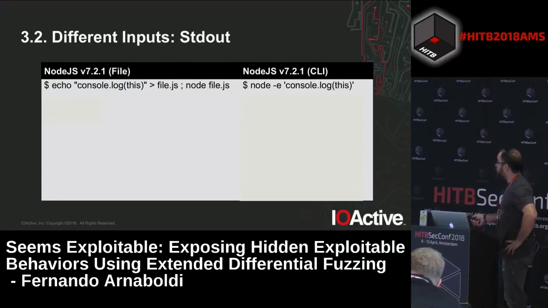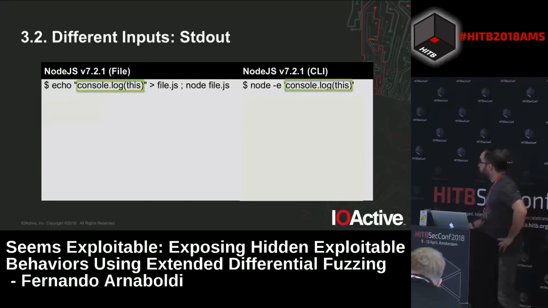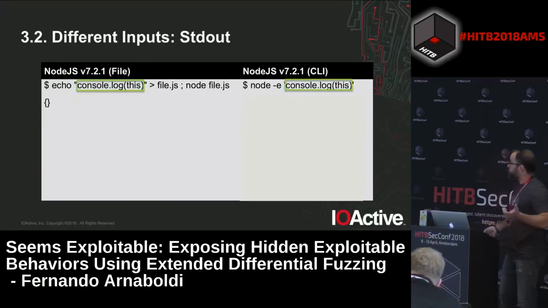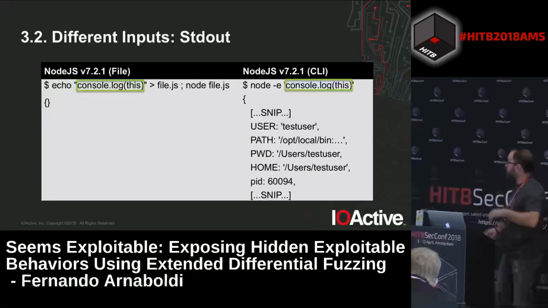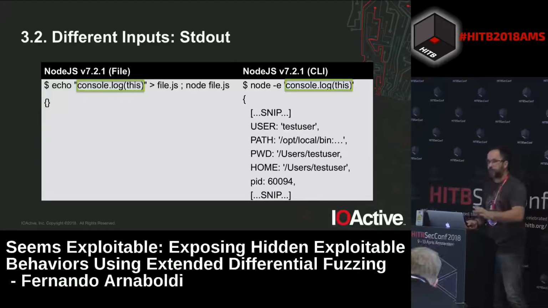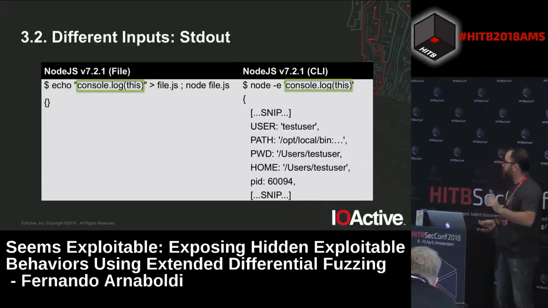For the second column, the input is going to be the command line input, and we're going to execute the very same thing. Okay? The first one is going to be an empty dictionary. The second one is going to be this. I have no idea why. But we're talking about the same piece of software in here, and you can detect something just by testing one single piece of software. It didn't crash. You didn't need something else, just one piece of software and checking how the inputs change.